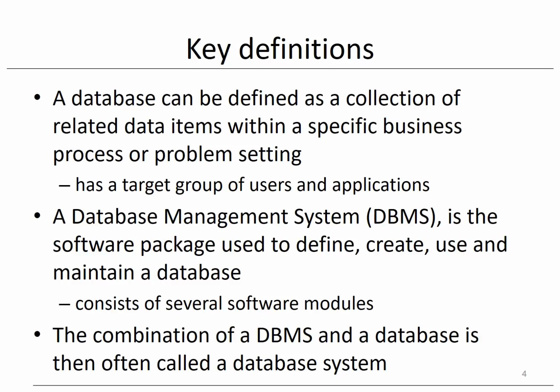A database has a target group of users and applications. Think about an inventory manager who uses our purchase order system to manage the inventory and issue purchase orders. Or consider a product manager who uses it for monitoring trends in product sales.